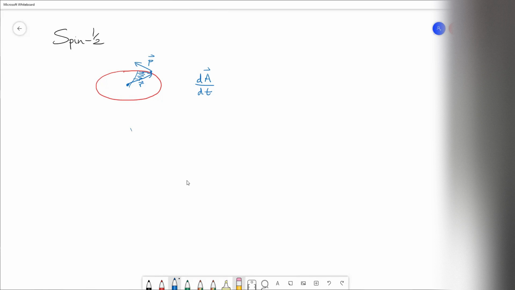The direction of it is according to the right-hand rule, so it's up. This is the direction of A hat. This is equal to 1/2m r cross p. If you do the right-hand rule, you see that r cross p points up. And this is defined as 1/2m times the j vector, which is the angular momentum.